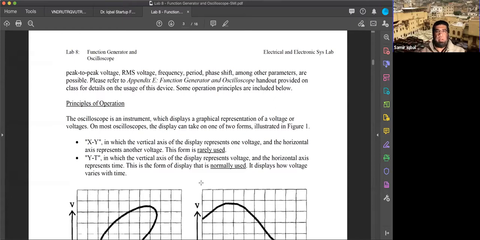Probably some of you have never heard of these words, but bear with me. These are things that happen in a circuit. So oscilloscope helps us look at the values in the circuit at any given time for the signal that was input.